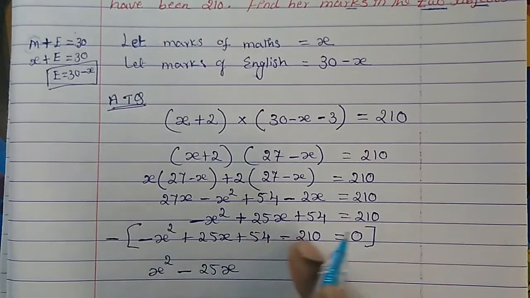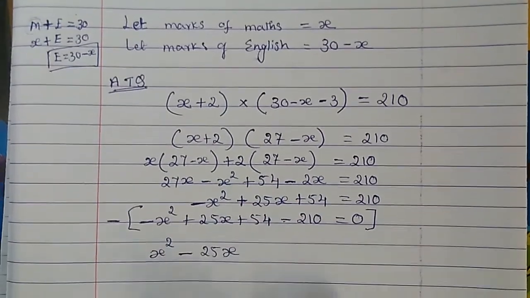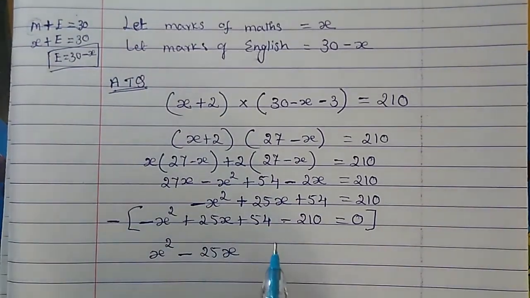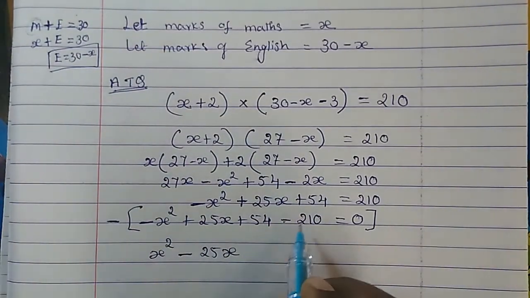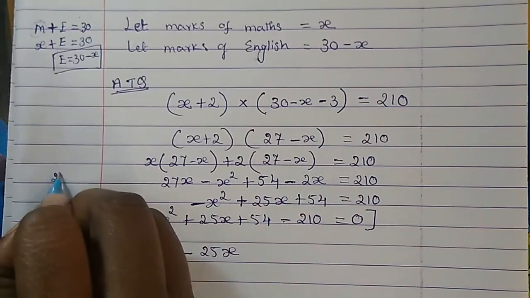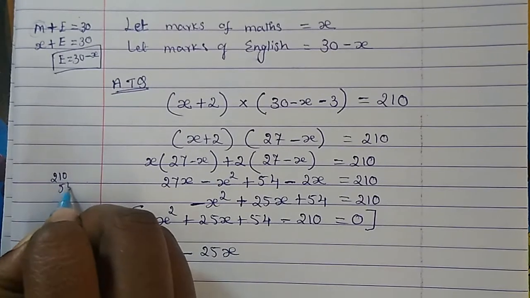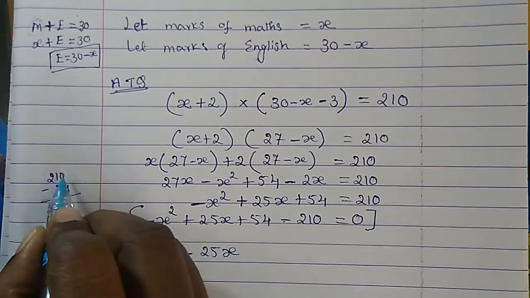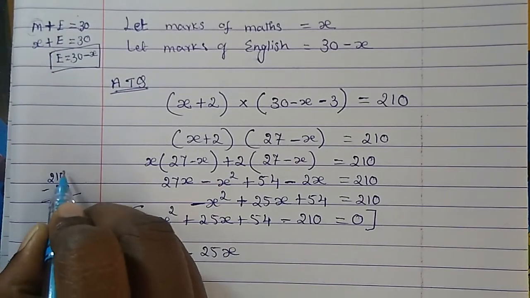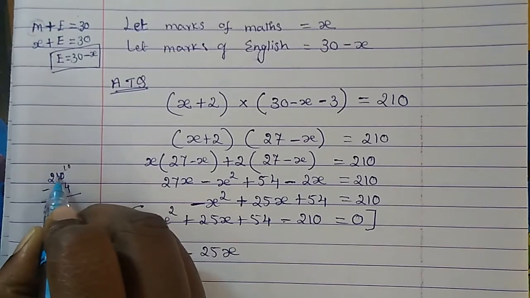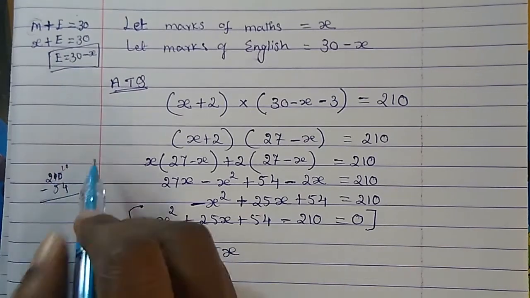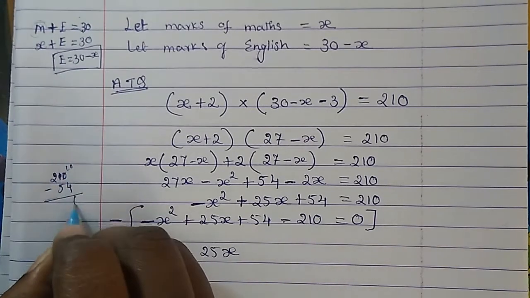Wait a minute, here one we will solve it, because then with minus we have to multiply. No problem, let us solve first this 210 and 54. We have to subtract. From 0, will not go, it will become 10. This one will come here, this becomes 0. From 10 you minus 4, you'll get 6.